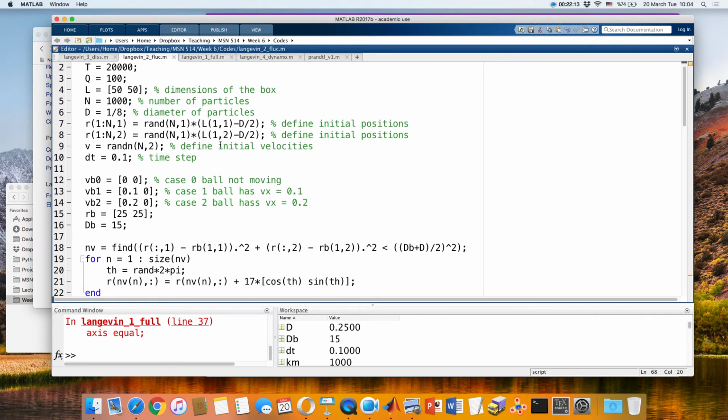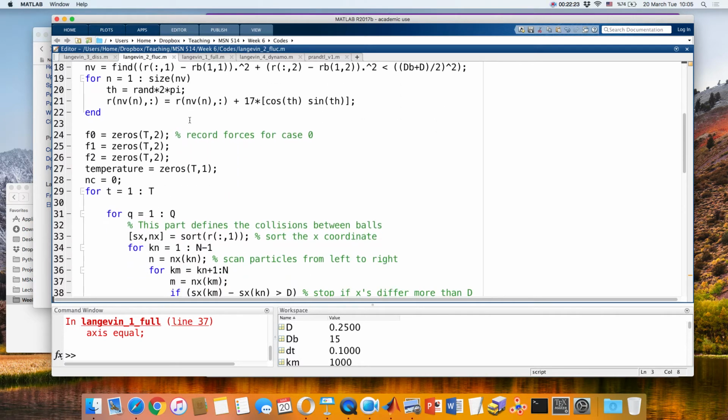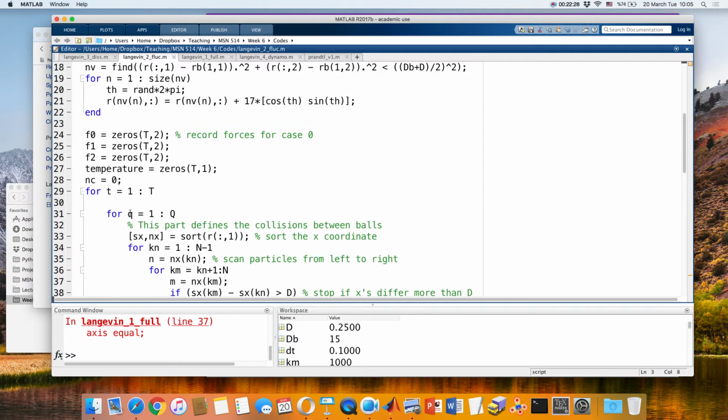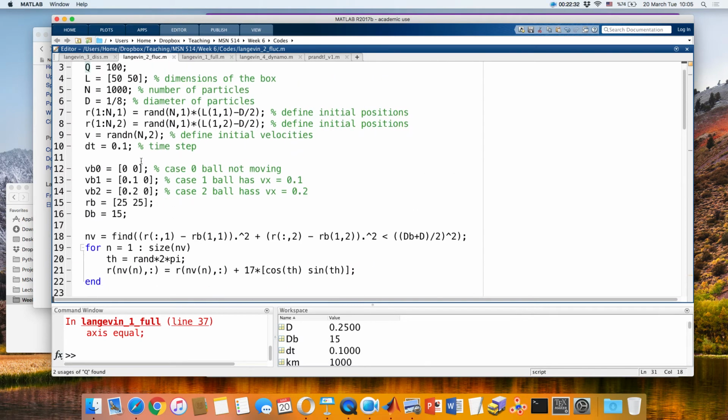Don't worry, we will not run it for 20,000 times. Each time step is 100 times, so it's like 20 million steps, I think. We are going to average out Q steps, and each step will have 0.1 time. So 100 times 0.1 is 10 seconds in this universe.